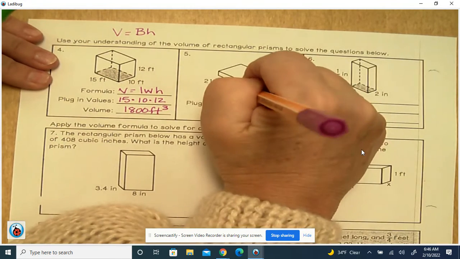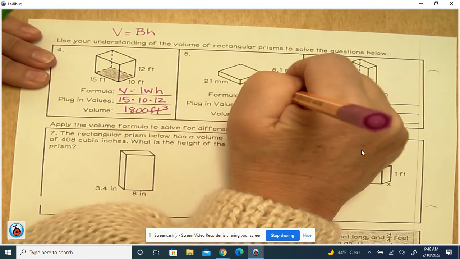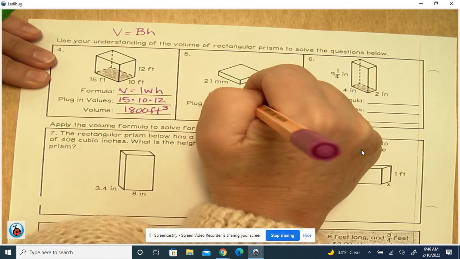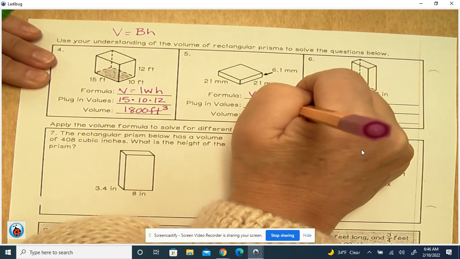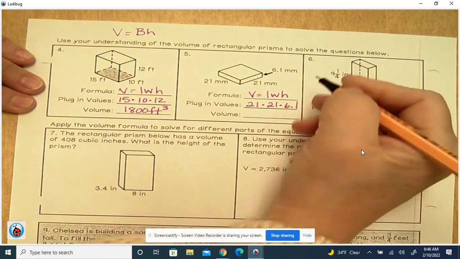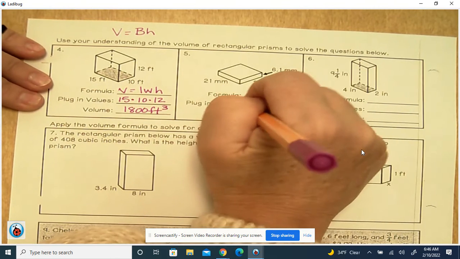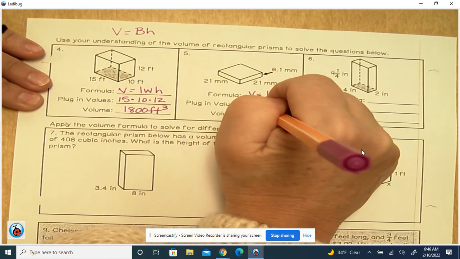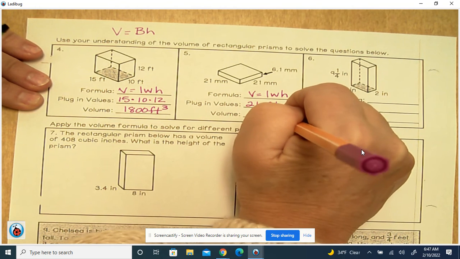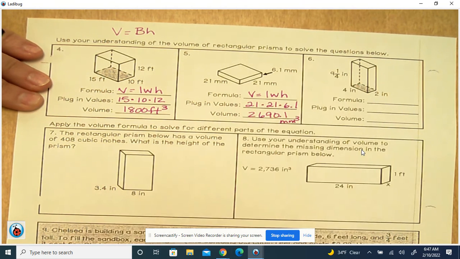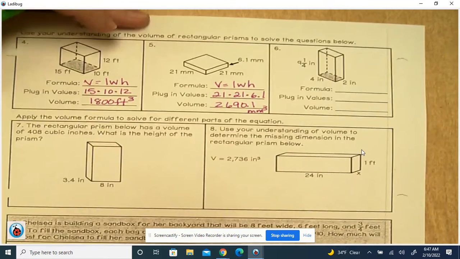Okay, so the formula is going to be the volume equals the length times the width times the height, which is 21 times 21 times 6.1. So the volume is going to be 2,690.1, and then that's millimeters cubed. Volume is cubed, area is squared.